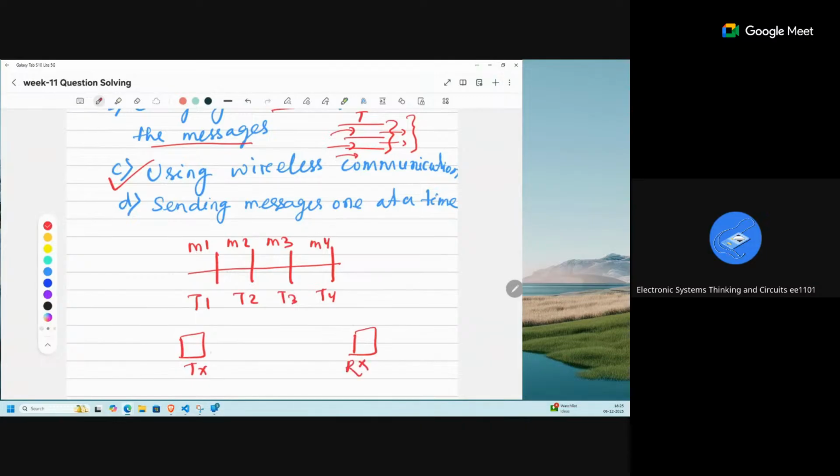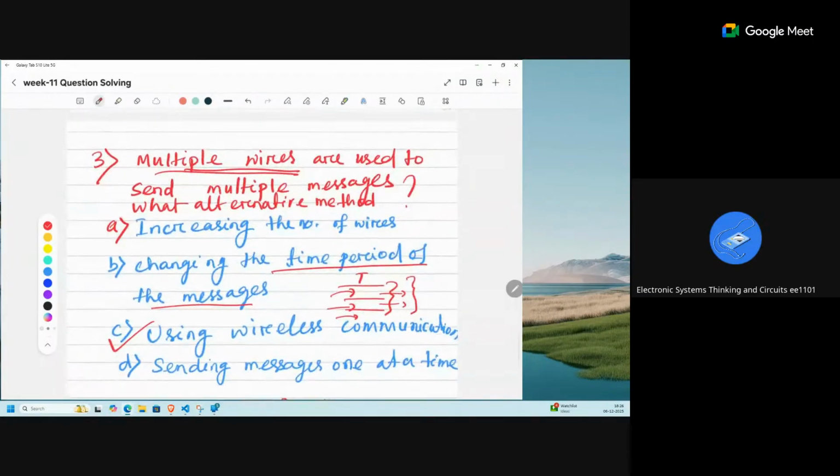Like for example, this is my T1, this is my T2, this is my T3. In the T1 period, the first message was transmitted wirelessly. T2, second message. Then T3, third message. But you are not using multiple wires. Whenever you are using wireless only, then you can do it.